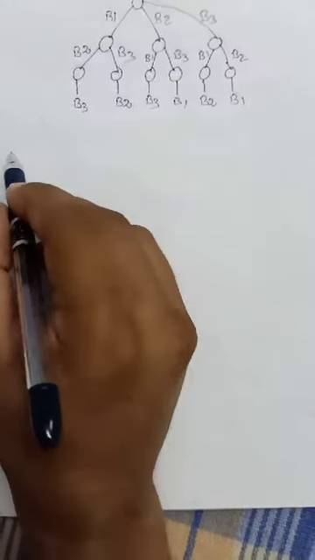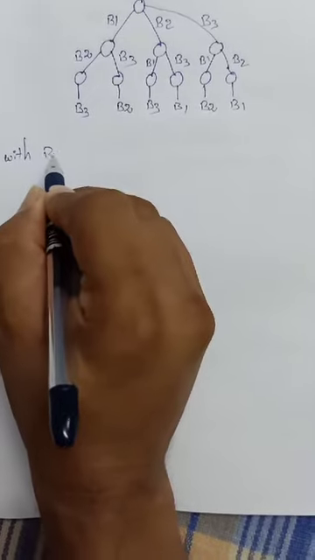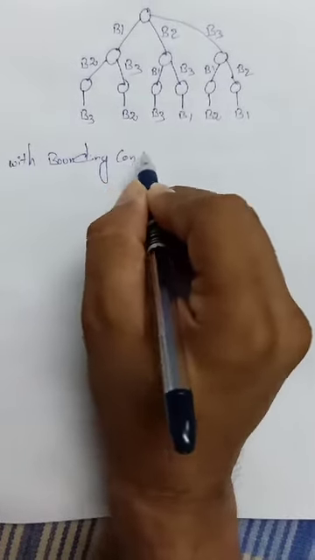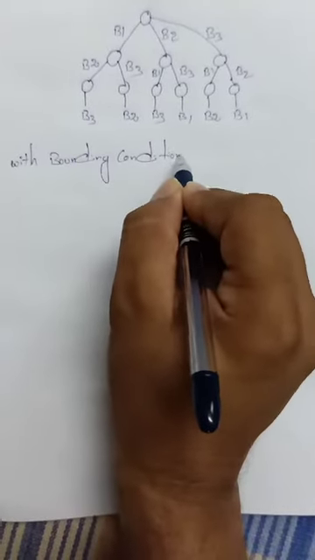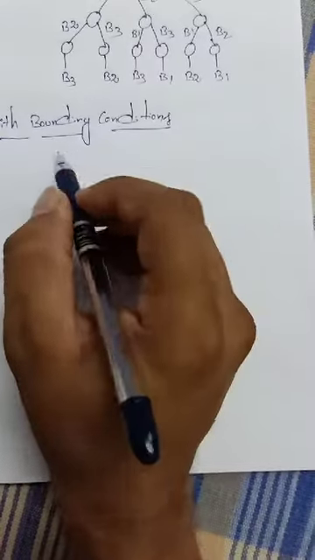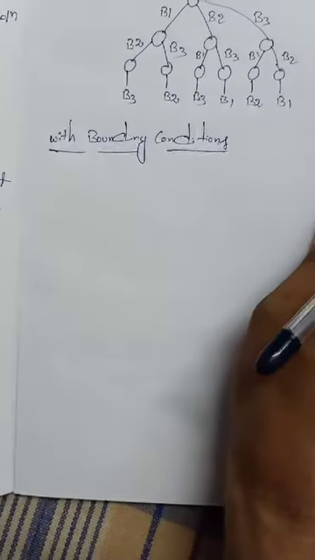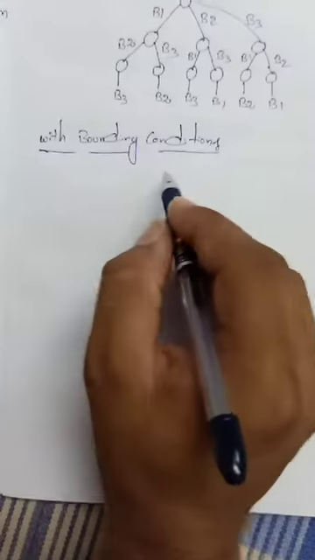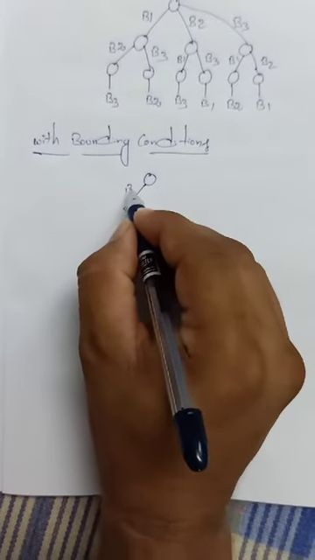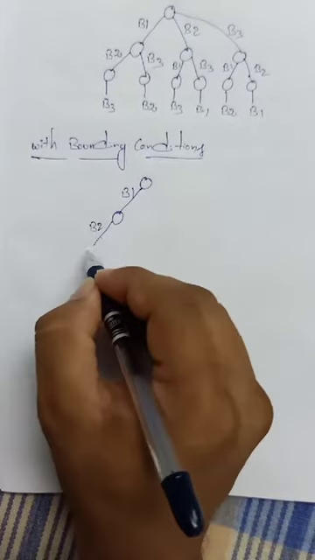With bounding conditions, B3 should not sit in the middle. Initially start with B1, then B2, so no problem.